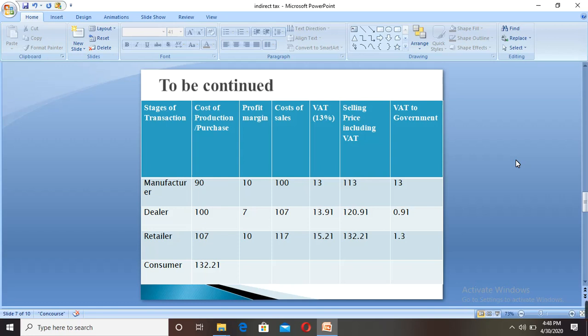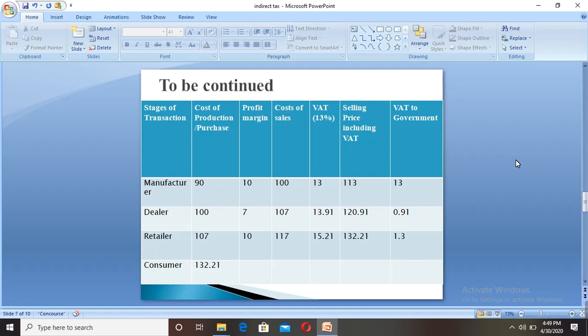Students may be confused about why the VAT is not included in 113 rupees. The 113 rupees has been paid by the dealer to the manufacturer to purchase the materials, because VAT is not included on that price which has already been added by VAT itself.